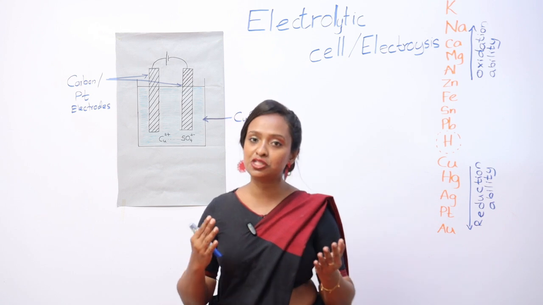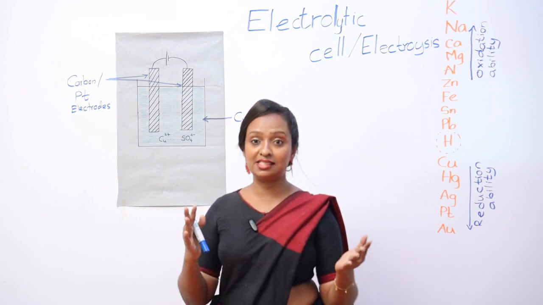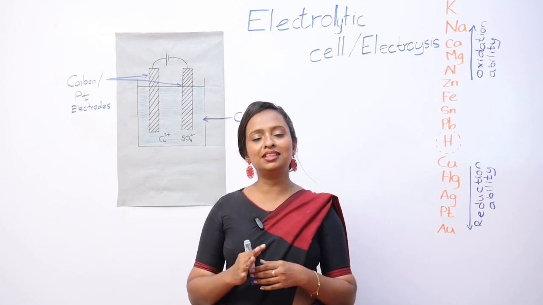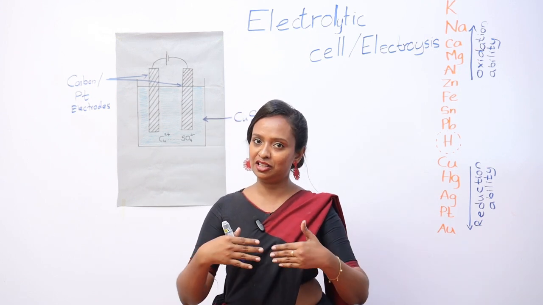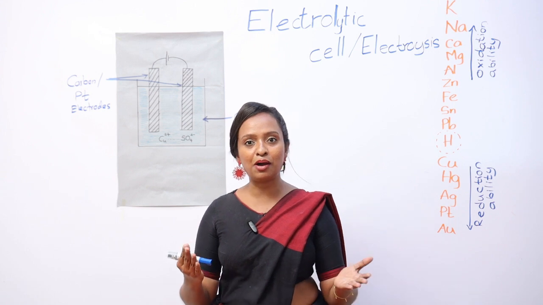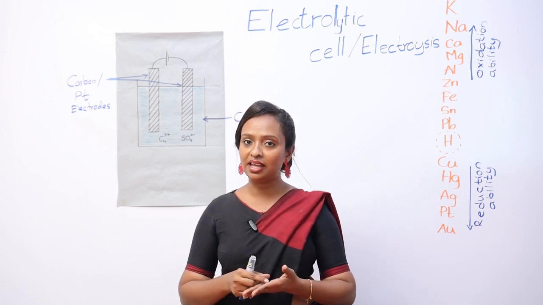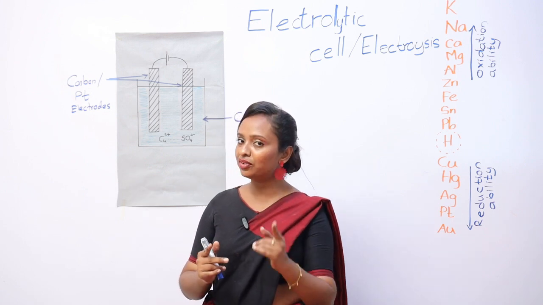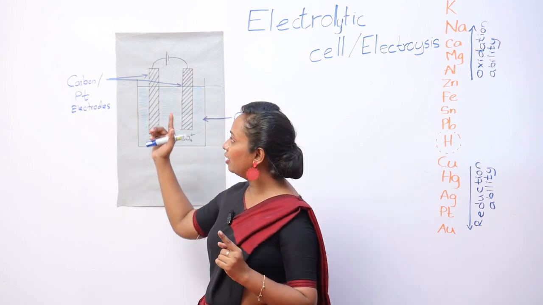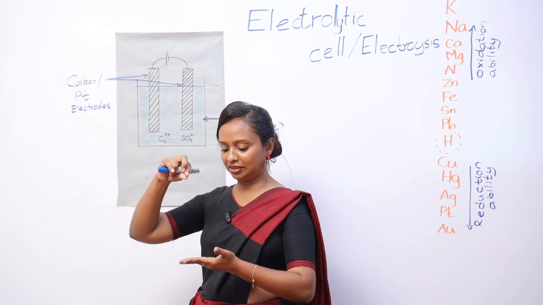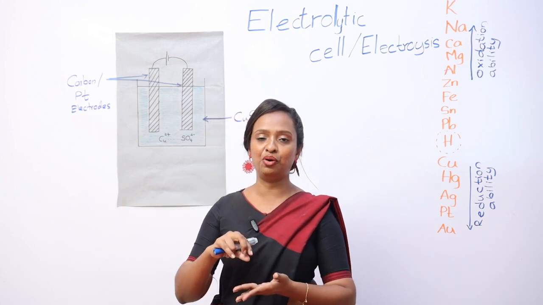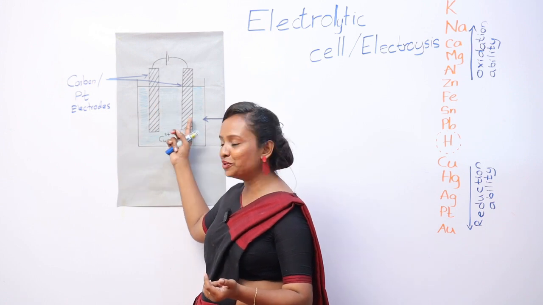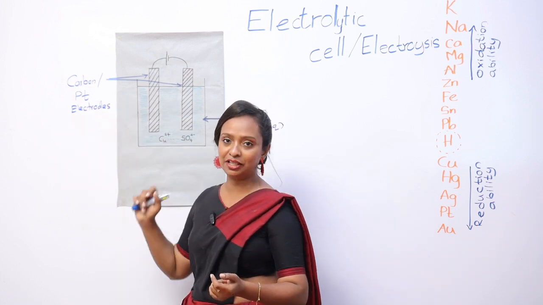Usually we do not use platinum electrodes since they are very expensive, but we can use carbon rods. What carbon rods are available in your premises? Think about the inner rod in the dry cell. You can use that carbon rod, or another stationery item, your pencil. Even the pencil rod you can use here as a carbon rod.